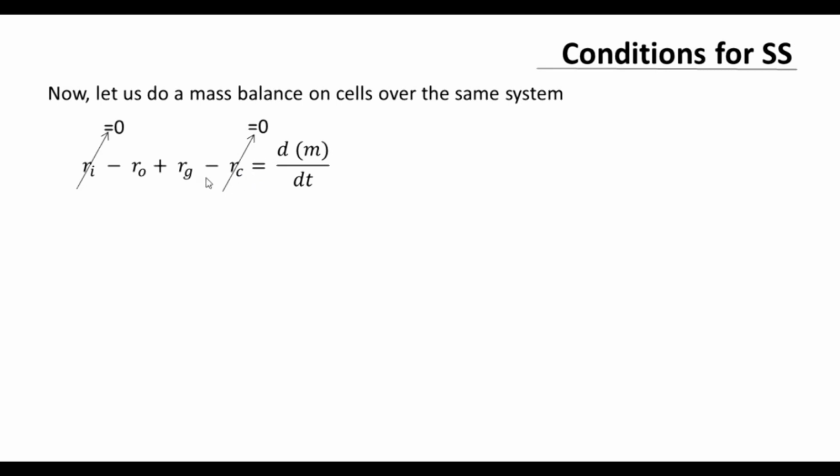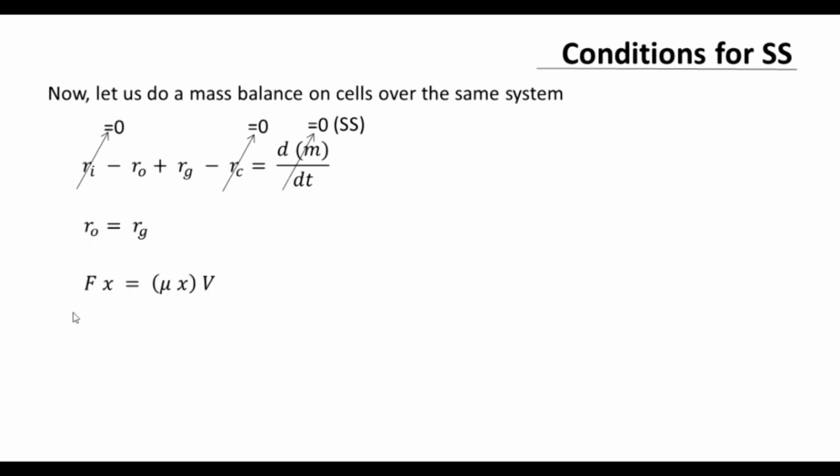We will assume that. So Rc goes to 0. And at steady state, any time derivative goes to 0, therefore this is 0. Therefore, we get minus Ro plus Rg equals 0. Therefore, the rate of output must equal the rate of generation of cells.